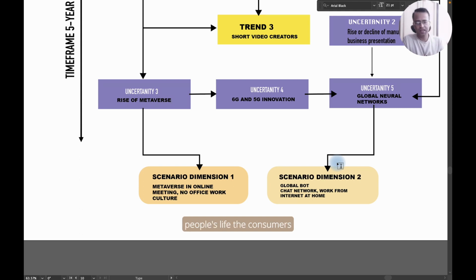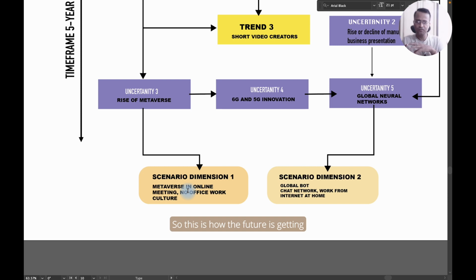So as you could see, after understanding people's lives, the consumer's life, we can finally get to understand scenario dimension 2, or scenario theme 2: there will be a rise of global chatbots, or a global bot chat network, and work from internet home. Then scenario dimension 1: metaverse in online meetings, a no-office work culture.